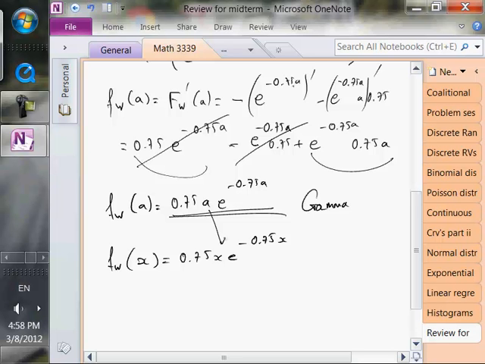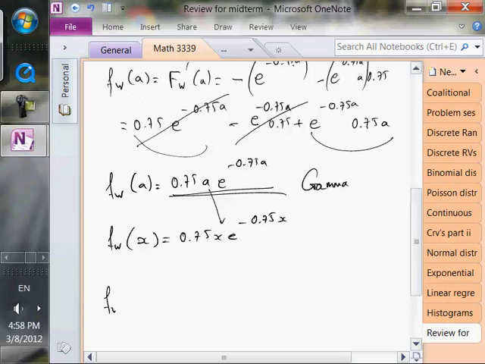What would be the parameters of the gamma distribution here? It's not bad to take it from the table. That's what I'm doing. So just do what I do.